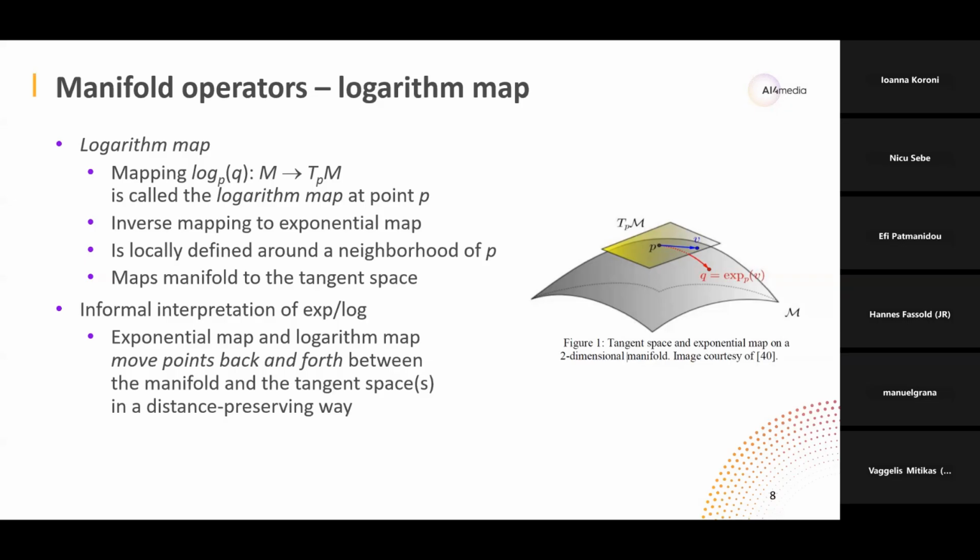So you have the distance on the tangent space between P and V is the same as the geodesic distance between P and Q on the manifold. Yeah, so these are really the key operators.